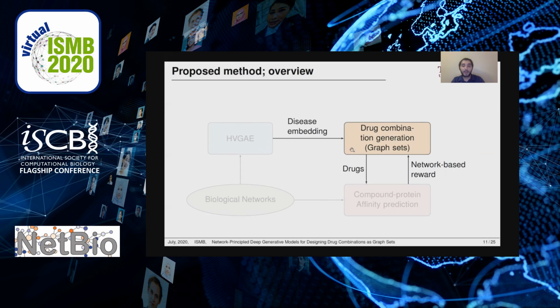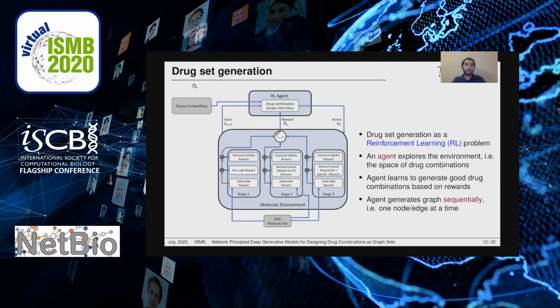In the next section, I will talk about the RL model that we have developed for drug combination generation. We have formulated the drug combination problem as a drug set generation. Our RL consists of K agents in which each agent will design a compound. The RL training process consists of three stages.